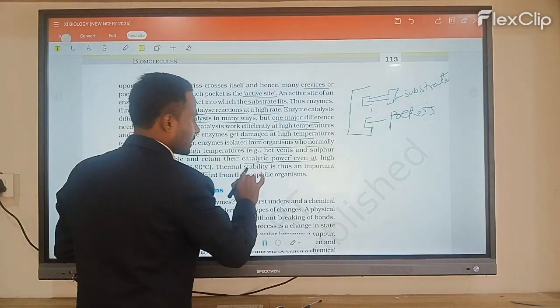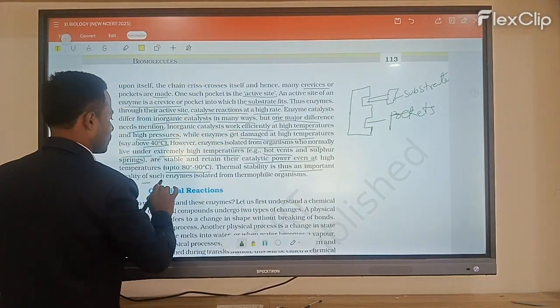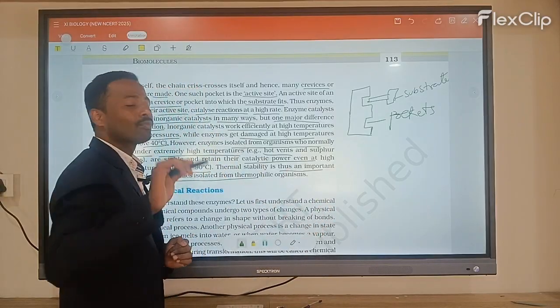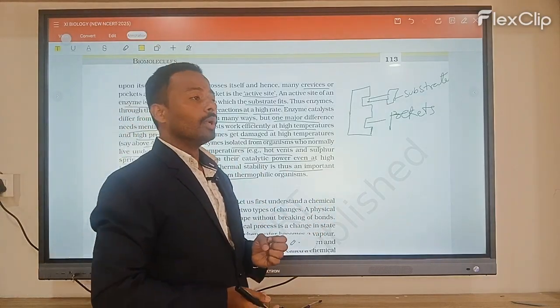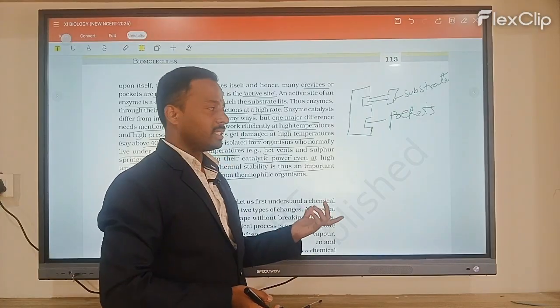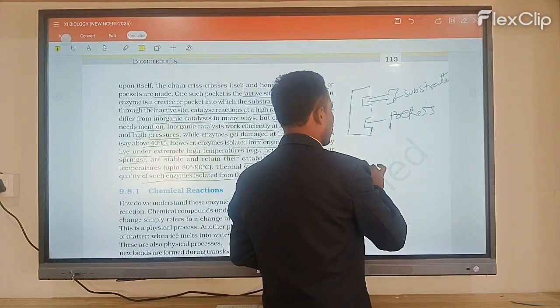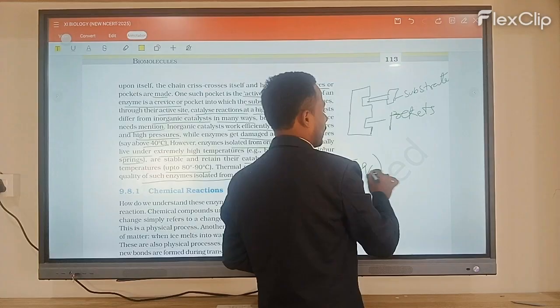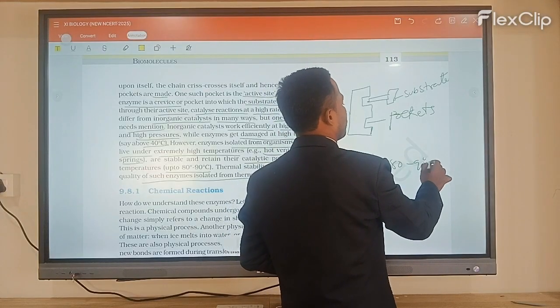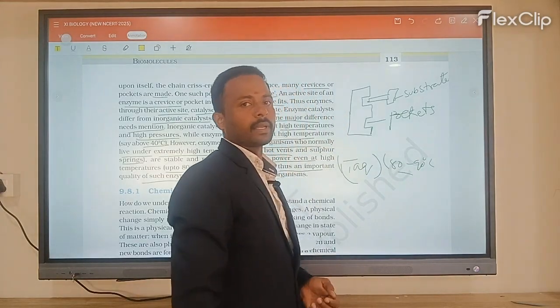Thermal stability is an important quality of enzymes isolated from thermophilic organisms. For example, Taq polymerase grows at around 80 to 90 degrees. It is from Thermus aquaticus. Am I right? Got it.